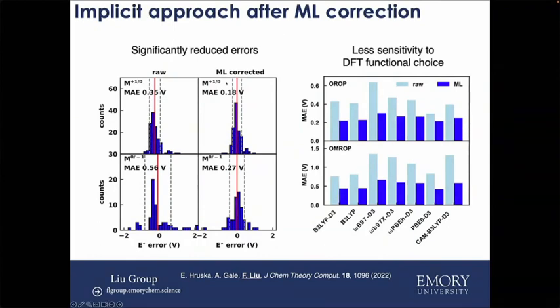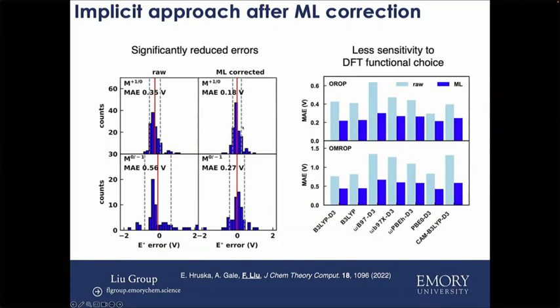Compared to the raw quantum chemistry calculated result, based on the accuracy on the test data set, we can now reduce the error by at least 40%, regardless of the specific DFT functional we chose for the calculation.